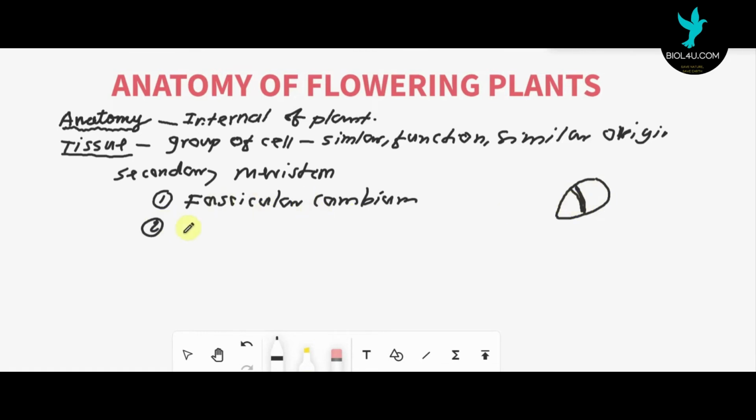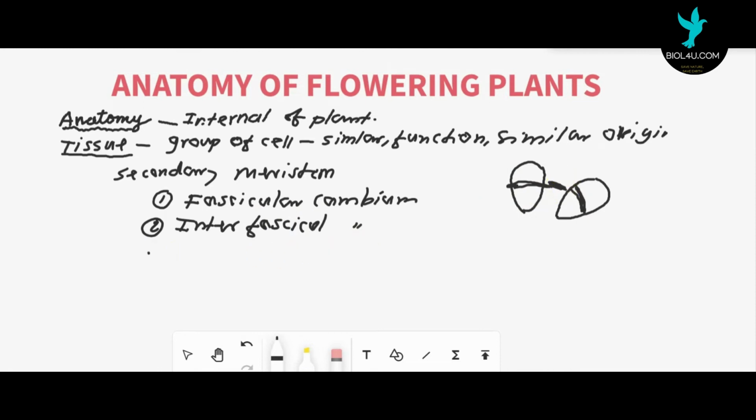Another example of the lateral meristem is the interfascicular cambium. What is the interfascicular cambium? It is the cambium present in between the vascular bundles. Suppose this is one vascular bundle and this is another vascular bundle. Between the vascular bundles, there is a cambium that is known as the interfascicular cambium.